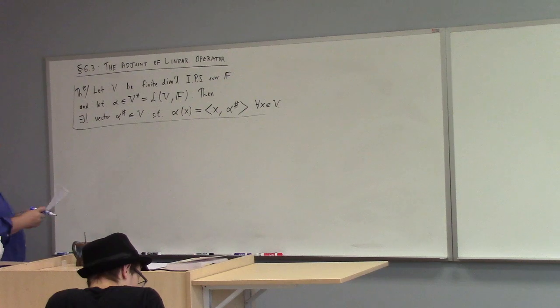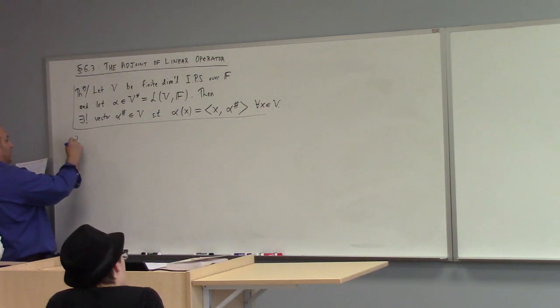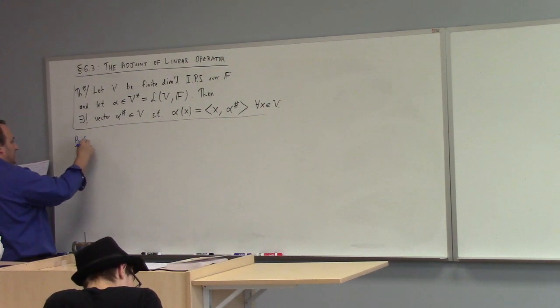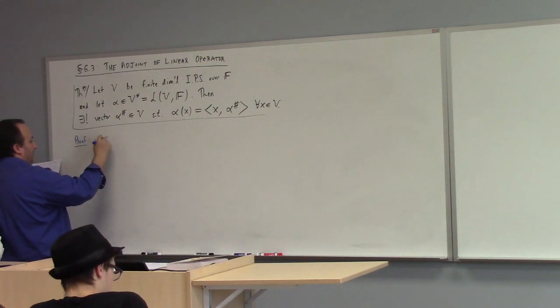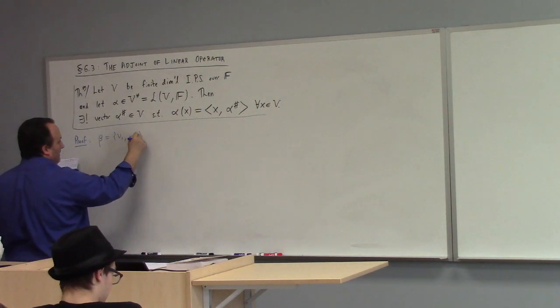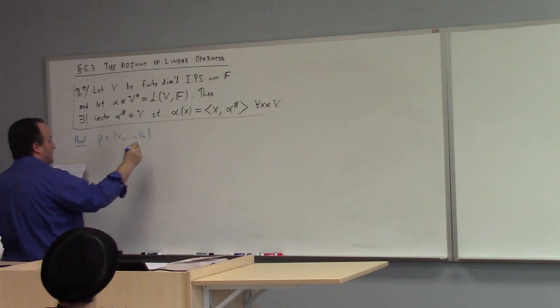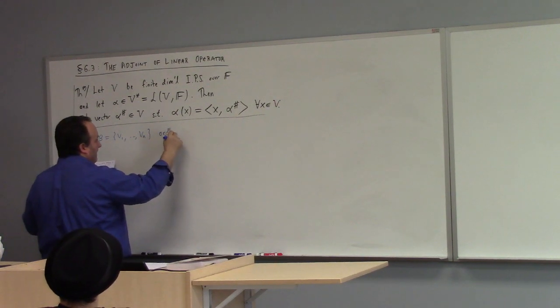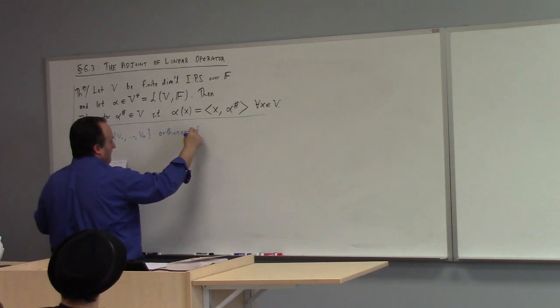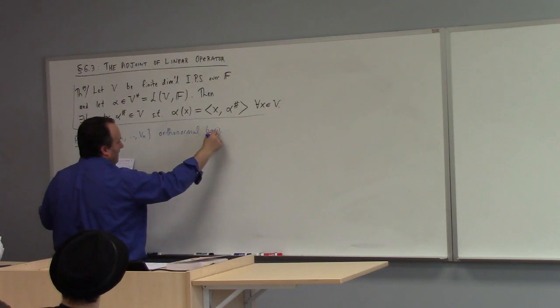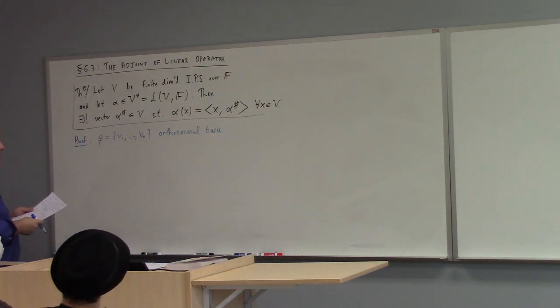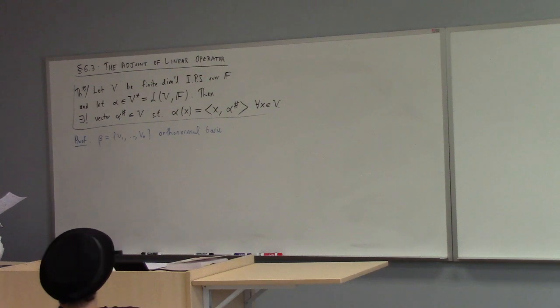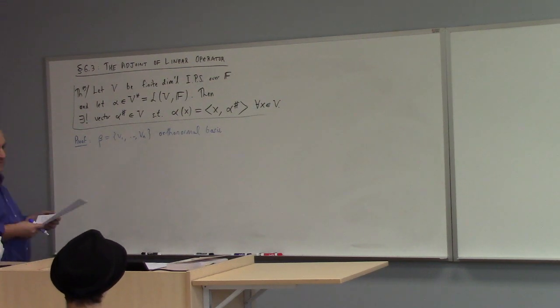So we'll let beta be an orthonormal basis as usual. Well, I guess we could follow the proof in the book, but that seems kind of boring.